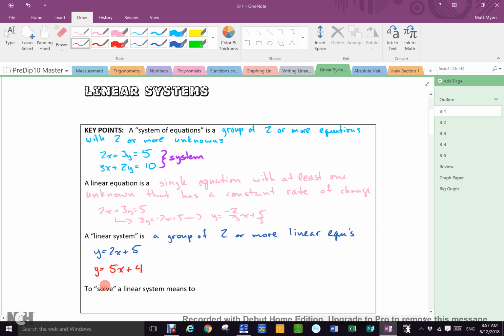What do you think it means to solve a linear system? If I only had the blue equation here, what would be a way to solve it? Give it a set of coordinates that replace the x and y value and make the blue equation true, correct? Okay, how would I solve the red equation?